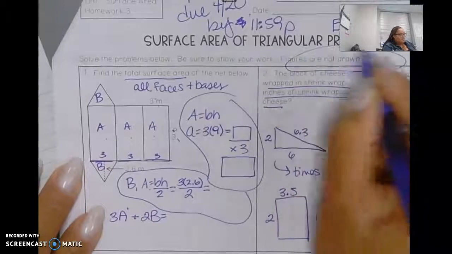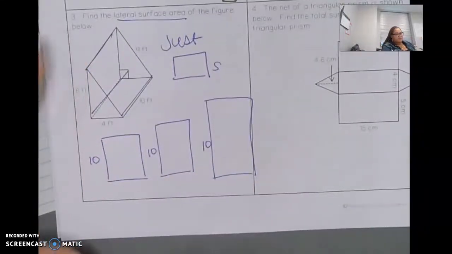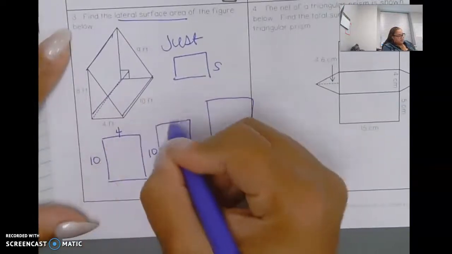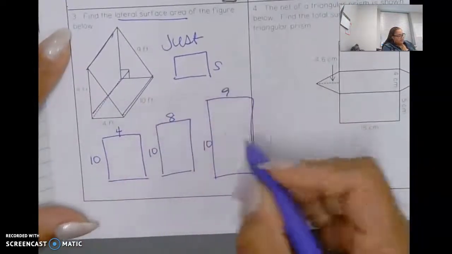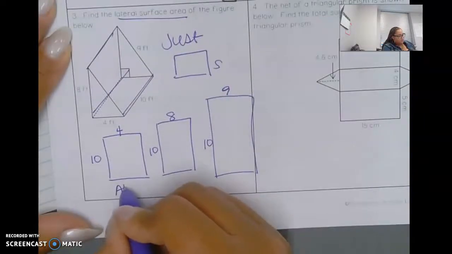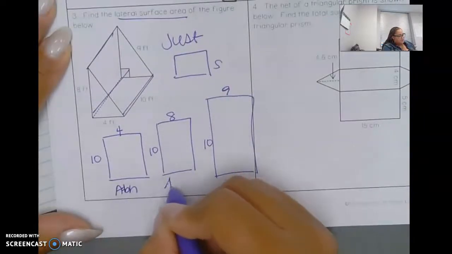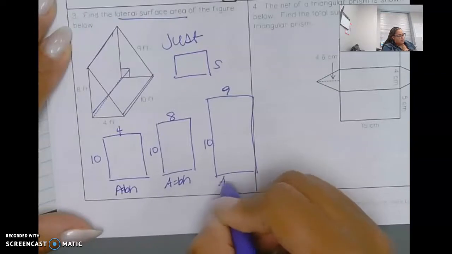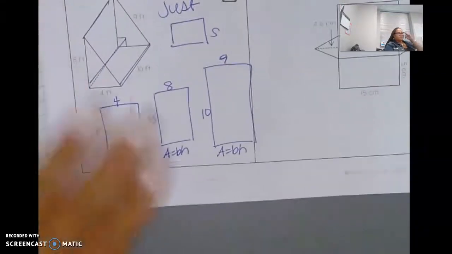Mind you, figures are not drawn to scale, so it might not be exact, but I'm trying to give you the synopsis here. So this is 4, 8, and 9. And we're going to do area equals base times height for each.